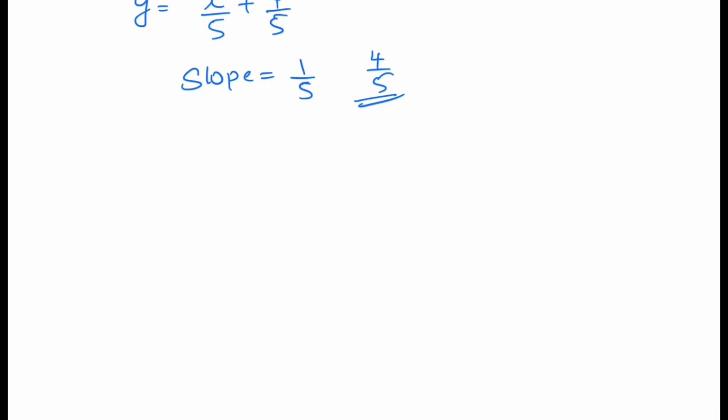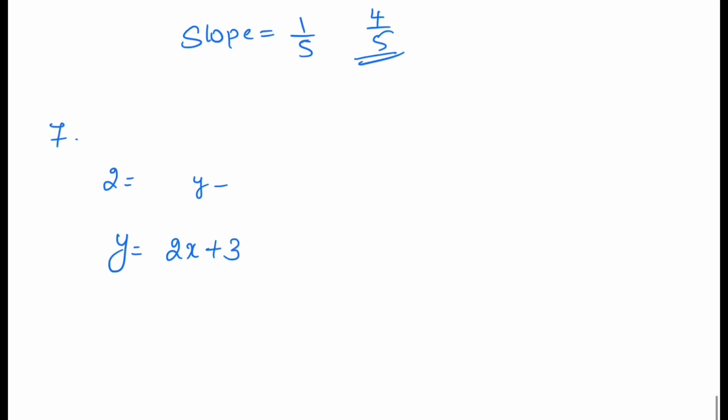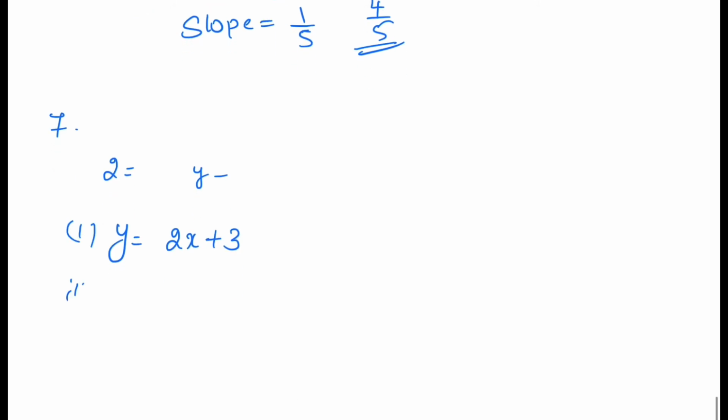in a similar way. Now coming to the seventh main, find the equation of the line whose slope is 2, y-intercept is 3. So I can write y is equal to 2x plus 3. Second one, y is equal to 5x minus 8.